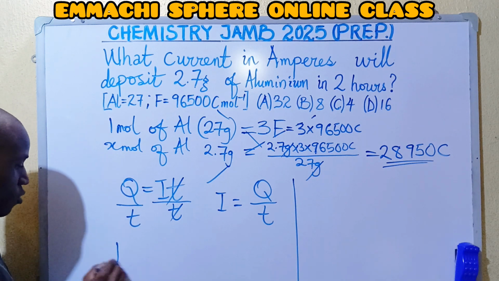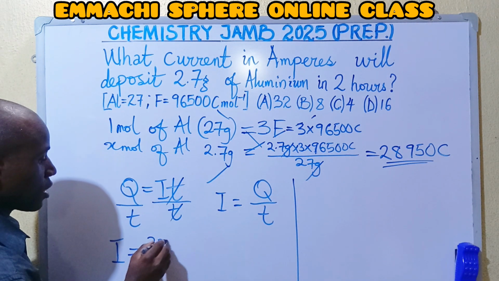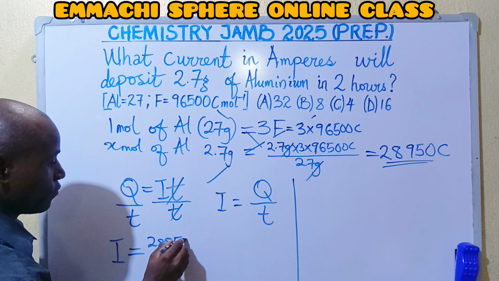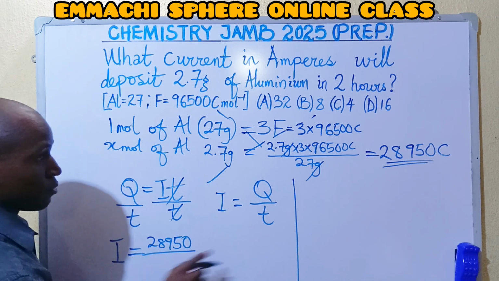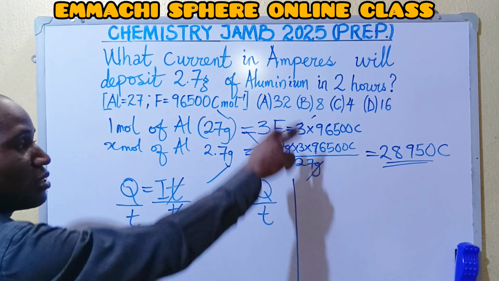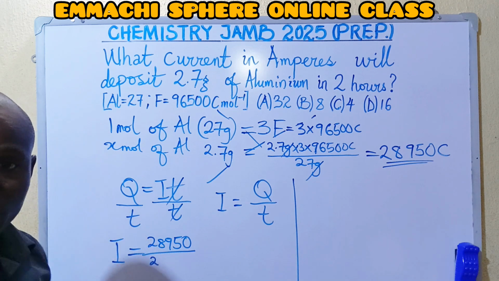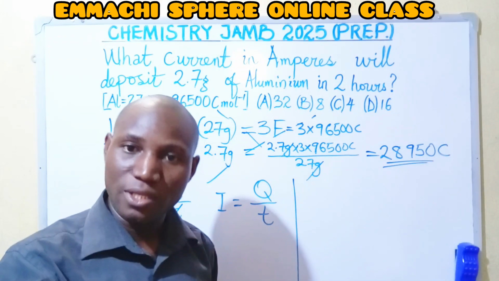Now, current is equal to the quantity of electricity, 28,950, divided by the time. The time is 2 hours. Now, because it is in hours, we must convert it to seconds. 60 seconds makes 1 minute and 60 minutes makes 1 hour.